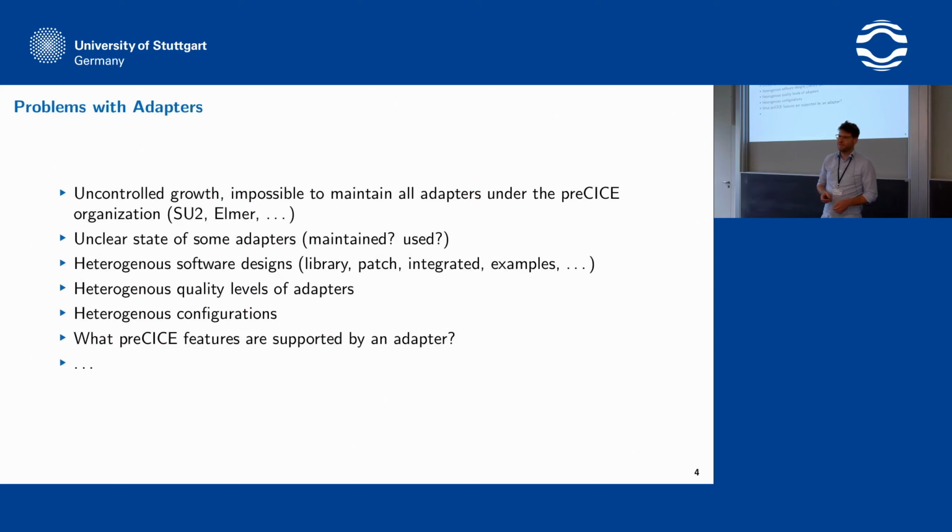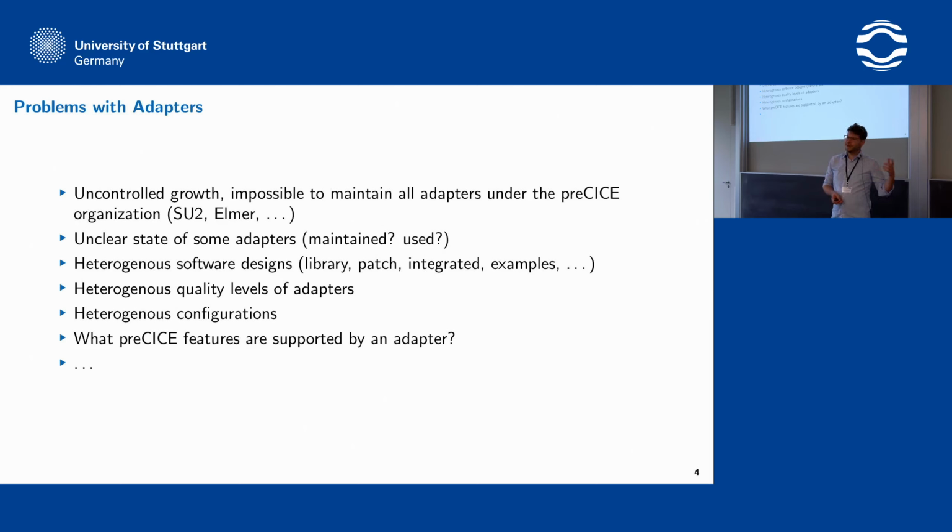So what kind of problems do we face today? We have kind of an uncontrolled growth of adapters in the community. Growth is very nice, but it becomes harder and harder to maintain all the adapters, already those that are under the preCICE organization, but also to know which adapters are actually around and in what status they are, right?